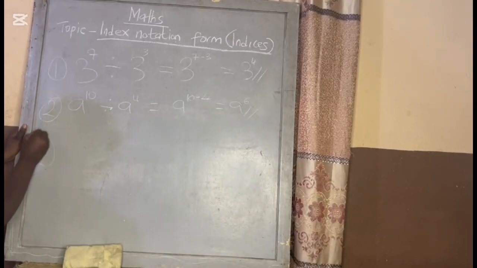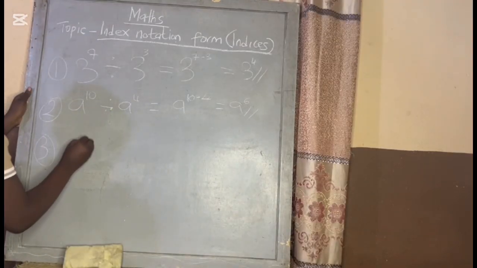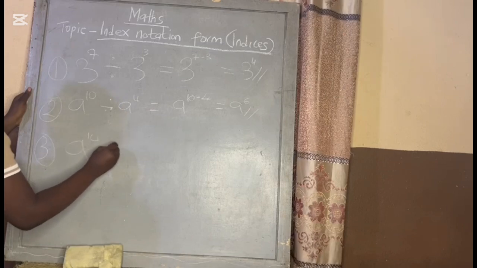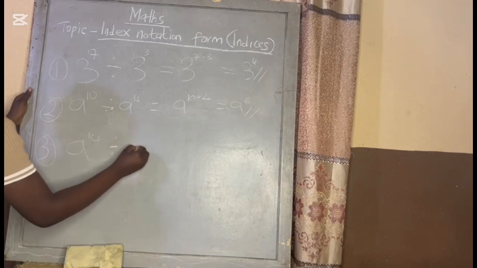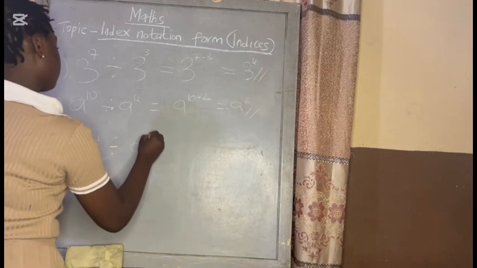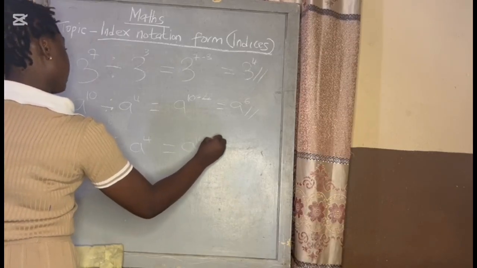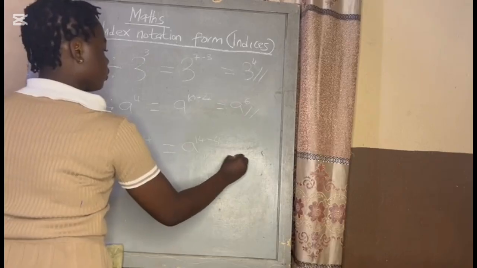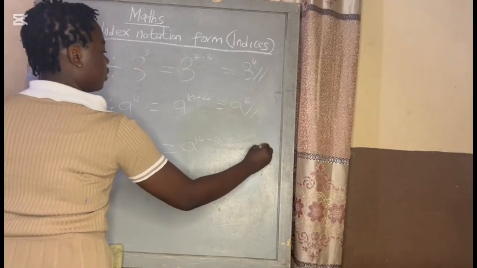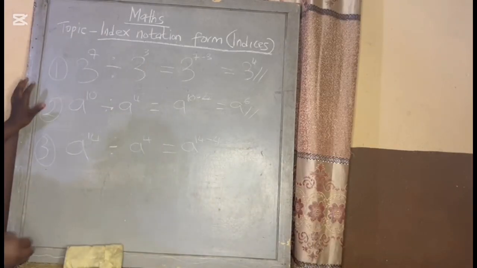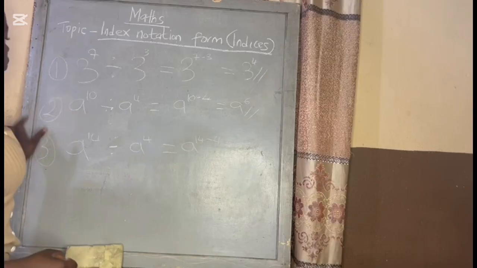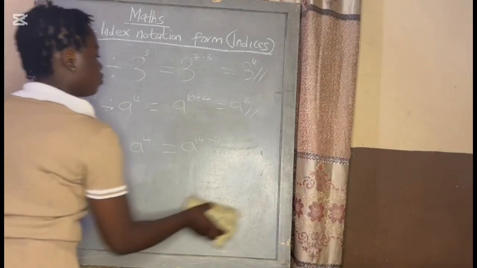Example 3, a raised to the power 14 divided by a raised to the power 4 equals a raised to the power 14 minus 4, which is a raised to the power 10. This is our final answer. So this is the second law we have in indices. We move on to the third law.